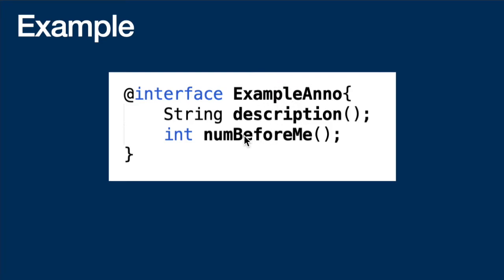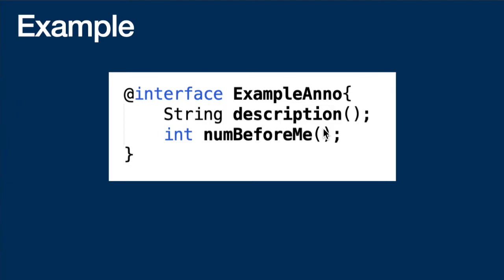Then you will provide methods. These methods will not have implementations, like some of the interfaces that we have discussed before. They are simply the declarations of the method, and these are implemented during usage of the annotation.